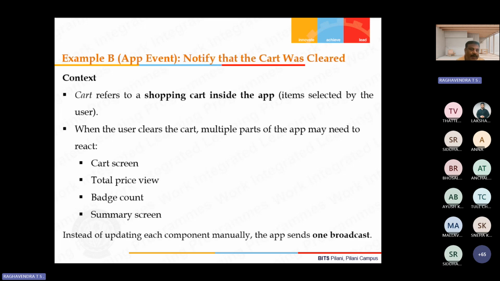So another example: notify the cart was cleared. Cart refers to a shopping cart inside the application, items selected by the user. So when the user clears the cart, multiple parts of the application may need to react.